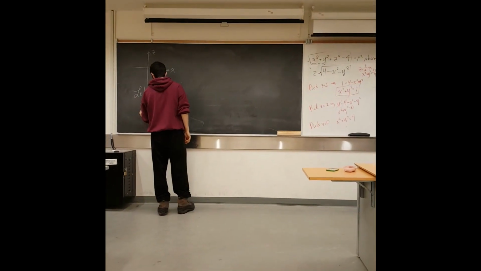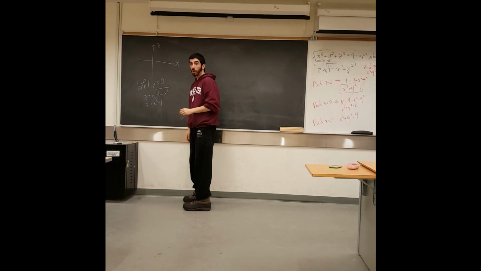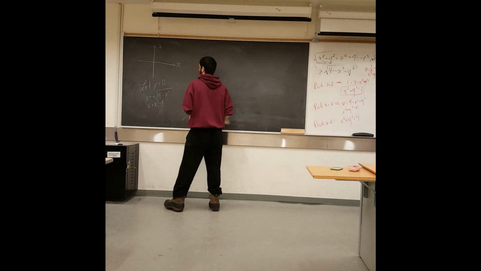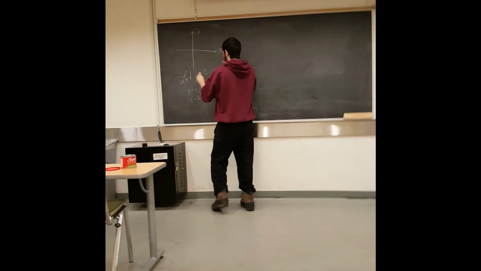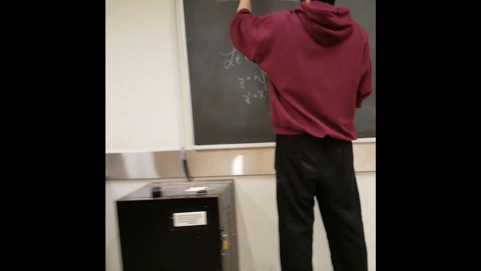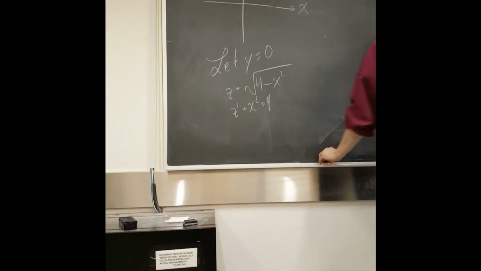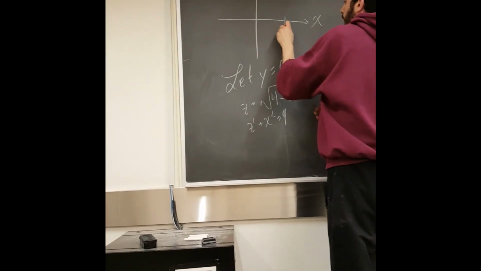Or we can rearrange this to say z squared plus x squared is equal to 4. So this is a circle of radius 2 sitting in the xz plane.